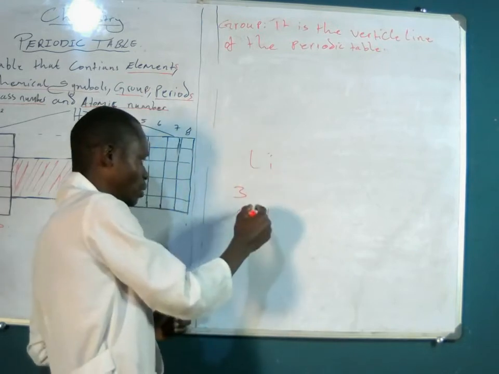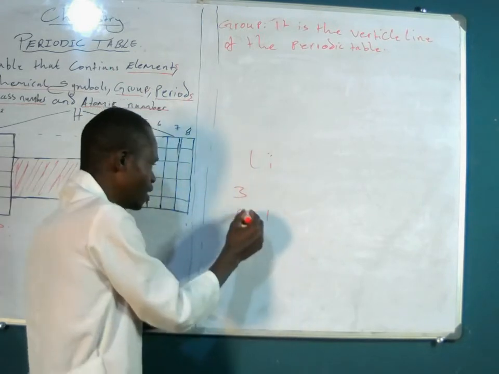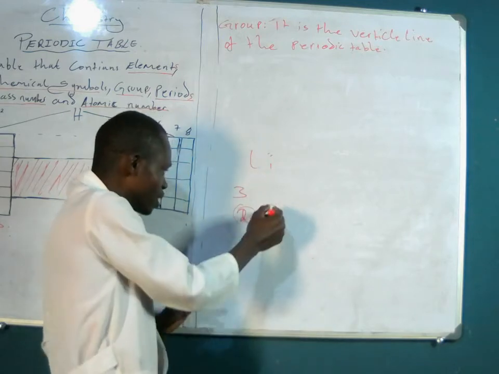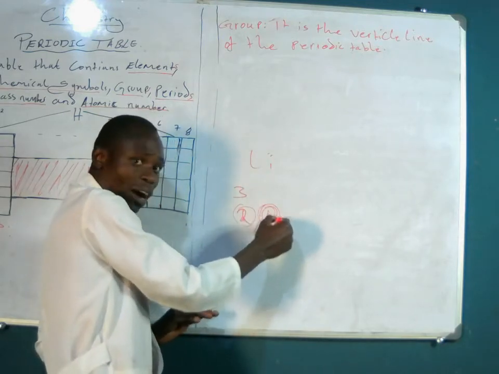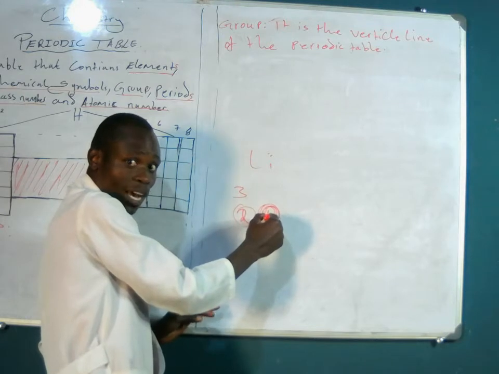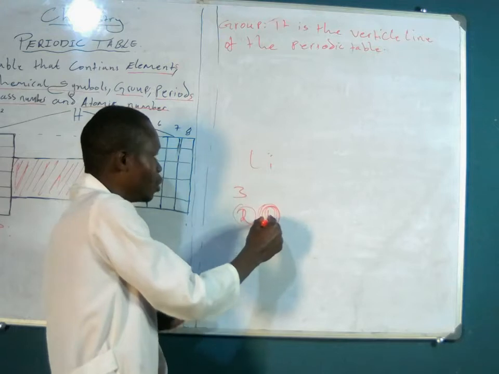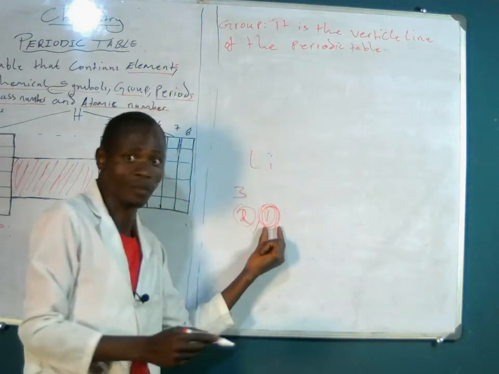This is the first shell and this is the outer shell. The number of electrons on the outermost shell tells me its group, the group where it belongs. So lithium is in group 1 of the periodic table.